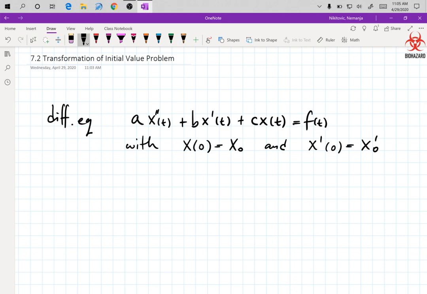This is technically x of 0 equals 3, let's say, and stuff like that.